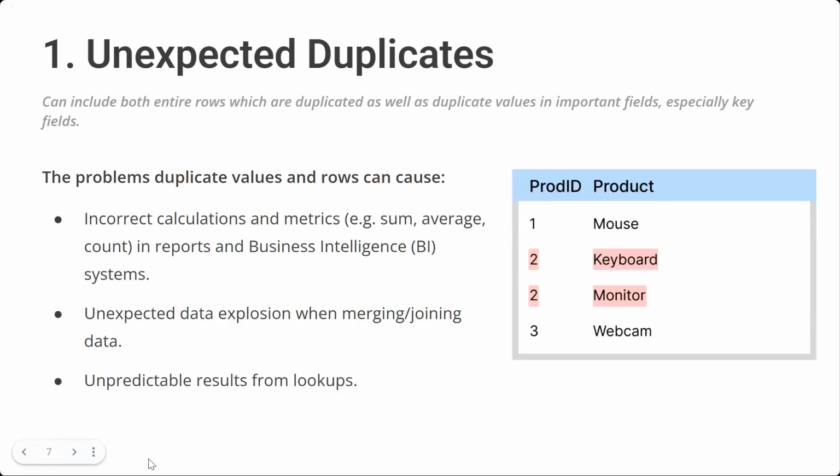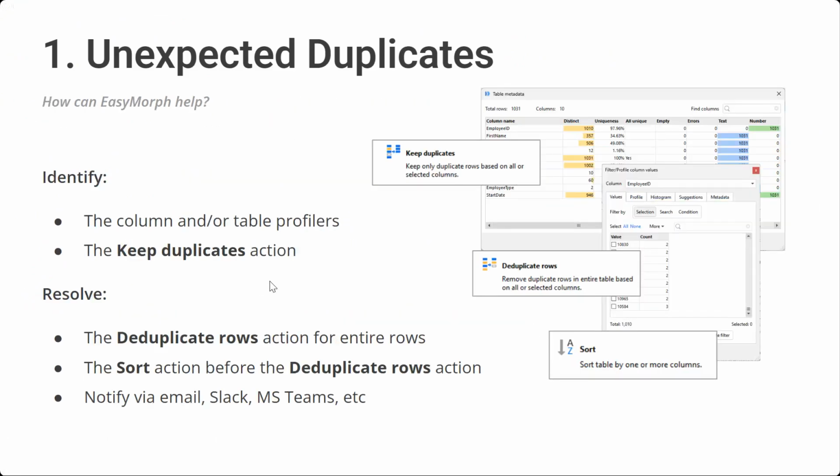So just very quickly to recap then, some of those things available to us. There's the profiler. We looked at the table profiler. There's also column profiler, which we'll look at in a minute. We've got that keep duplicates action, so we can actually see those duplicates and understand them. And then we've got various actions available to us.